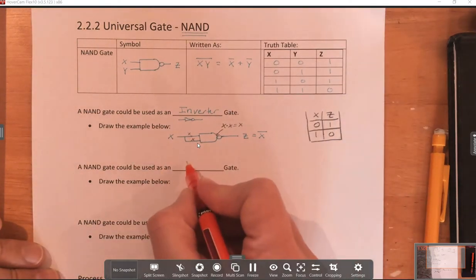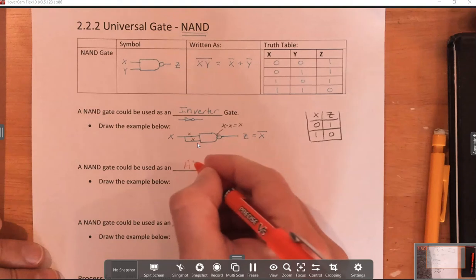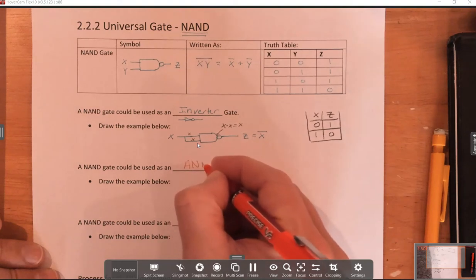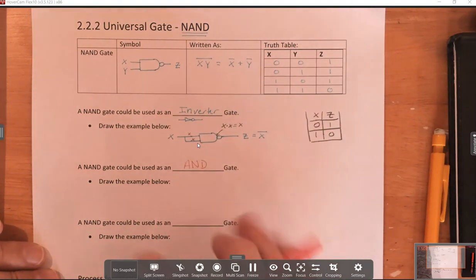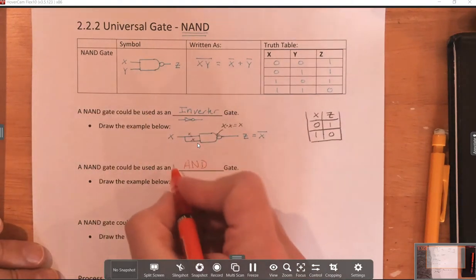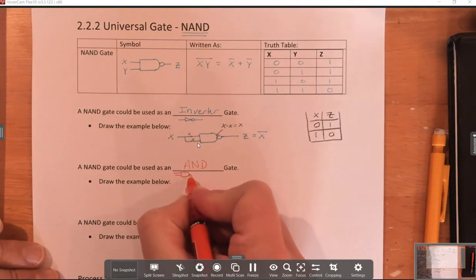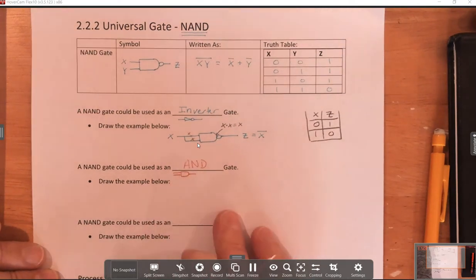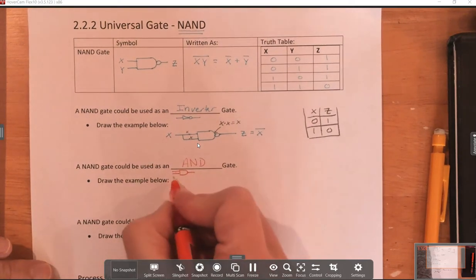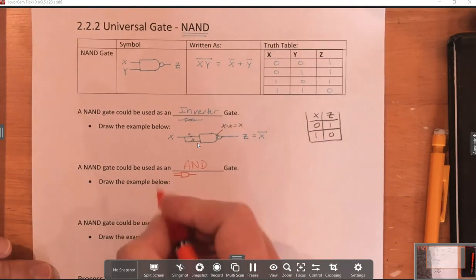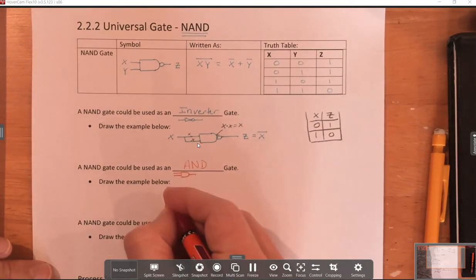The next one we're going to cover is the AND logic. An AND gate generally looks like this. So 2 inputs, and the gate logically combines those 2 with AND.